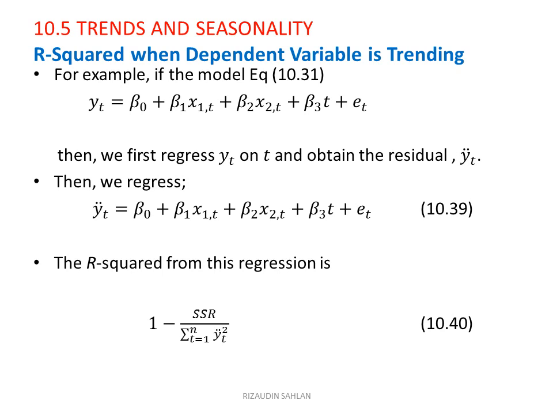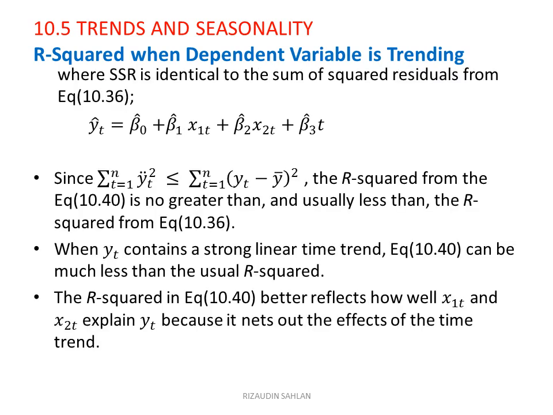Let's say we regress this residual on X1, X2 and T as in equation 10.39. The results show that usually the R square from equation 10.40 is no greater than, and usually is less than, the R square from equation 10.36.